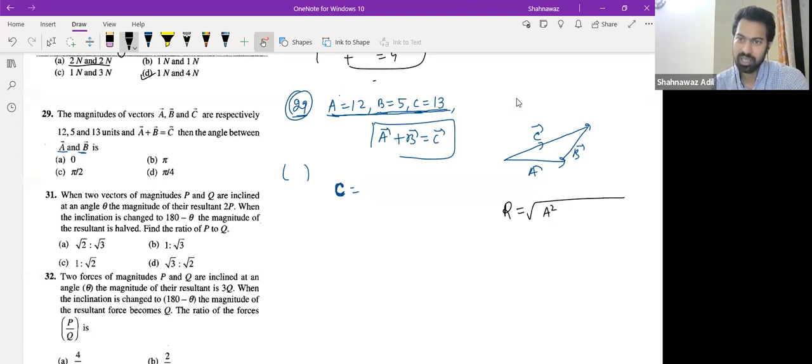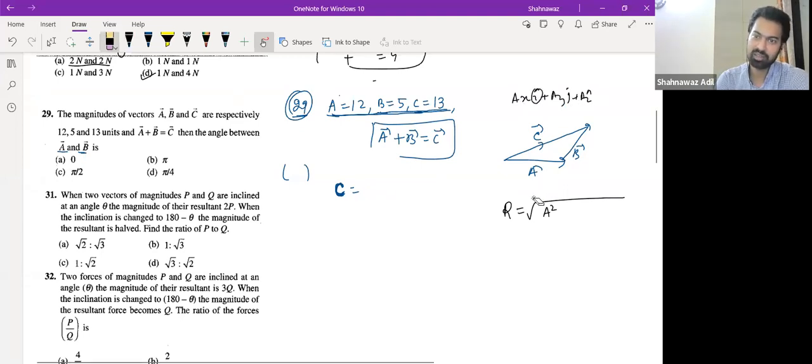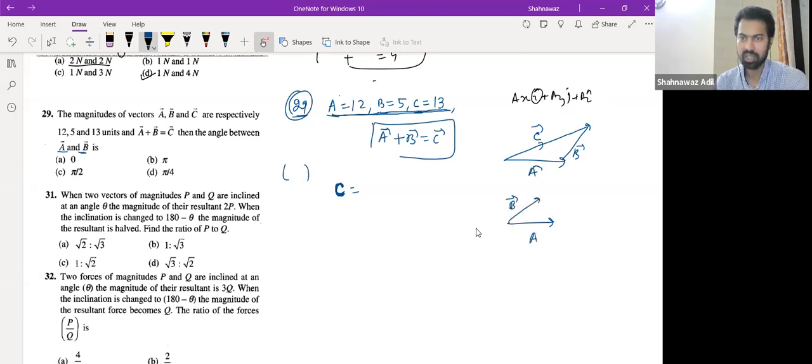So no, A is not written in terms of AXi, AYj, and AZk. We're not talking about this ijk vector. You have to just remember, do not get confused with so many things. So we have two vectors, A and B, and it has some resultant R. So what is the magnitude of this resultant?